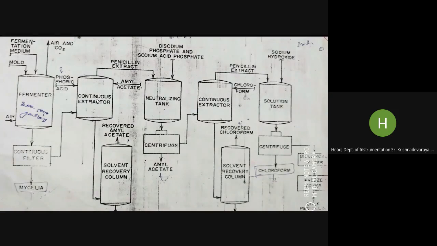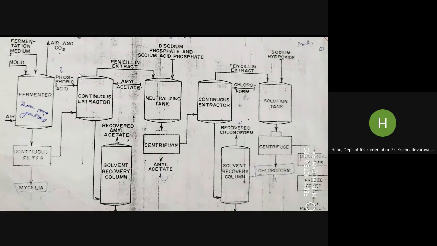Likewise, you can calculate the total composition. So when we get the clear beer of penicillin here, this may contain 4,500 international units of penicillin per milliliter of the solution. Then the penicillin is removed from the crude liquor by a continuous extraction process.